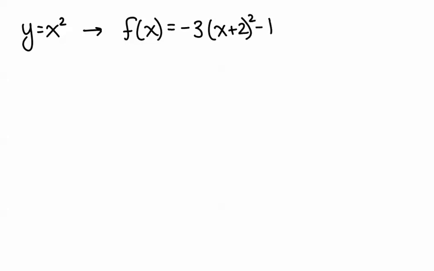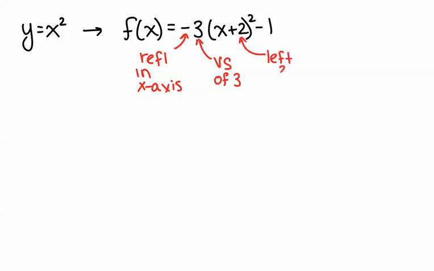So first we want to state what's happening with this graph. This negative sign here is telling us we have a reflection in the x-axis, because that's our a value and it's negative. This here is saying we have a vertical stretch by a factor of 3. This right here is going to shift our graph left 2, and this one's going to shift it down 1. So now I know all of that information.